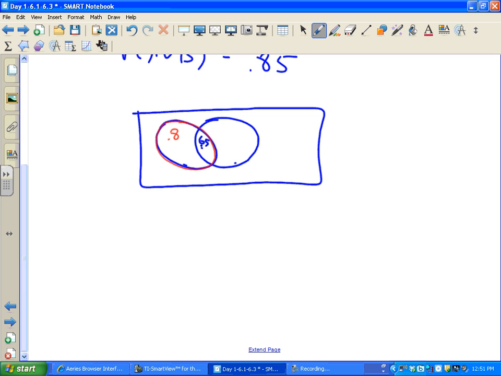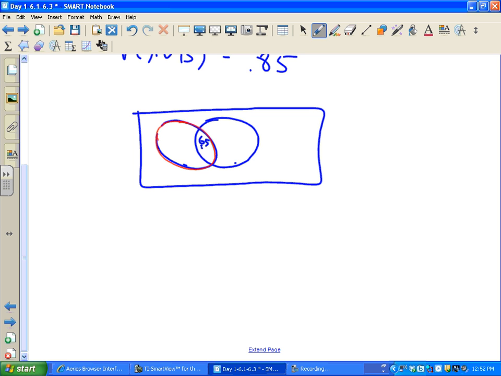If Tyreek's 80% is right there, and that's 65% right there, then Tyreek makes a free throw 0.8 plus 0.65. So Tyreek is making a free throw 1.45, or 145% of the time, which he can't do. It is impossible.